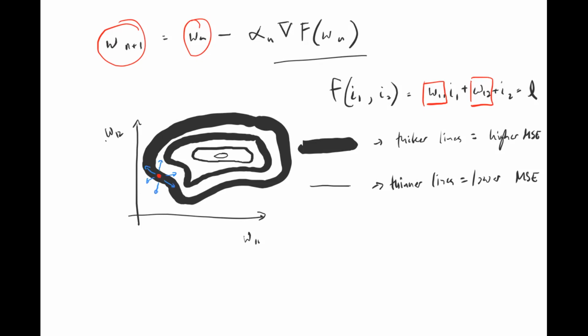If you imagine this red dot as standing on a hill, it will be able to see that if I go down this direction, I'm going to be lowering my loss score the most. And that's based off of gradients and derivatives, right?